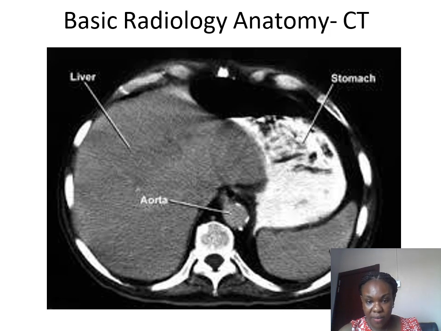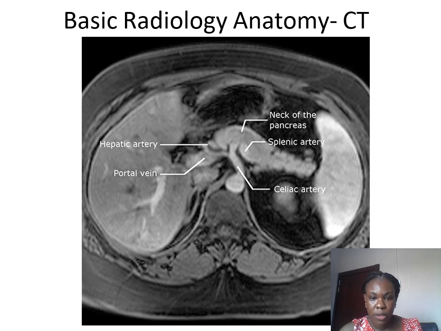If you have a transverse cut of the abdomen, you would find the liver here, the stomach here, based on the line of cut. This is another line of cut that allows you to see the hepatic artery, the neck of the pancreas, the splenic artery, and the others.